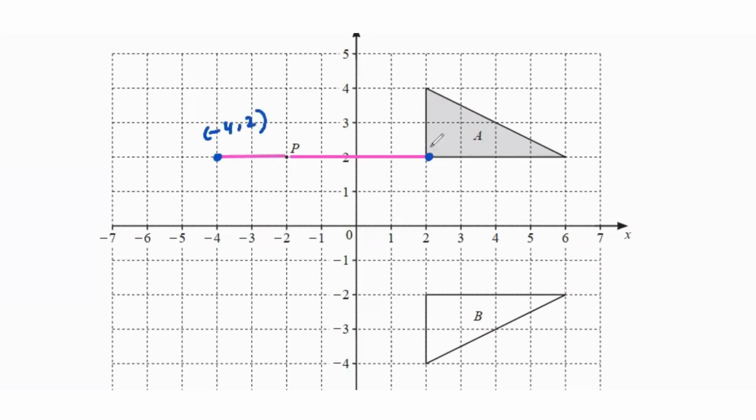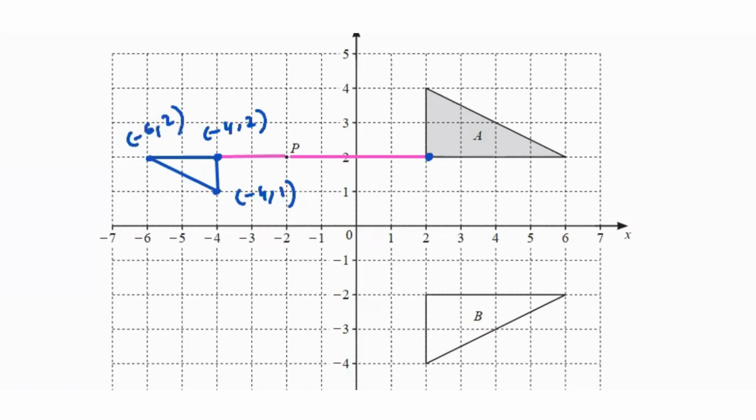Then this distance, which is 2 units, is now going to be half of it, so that's 1 unit. So that's going to be over here, -4 and 1. This is going to be this. And -6 and 2. So this is our triangle over here.